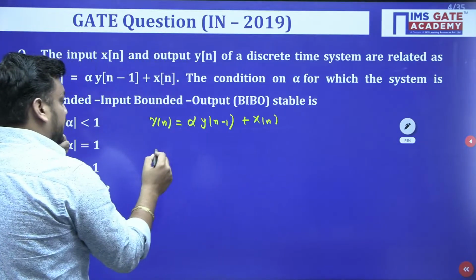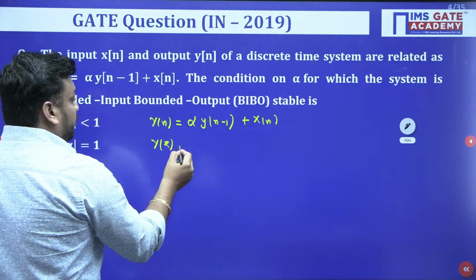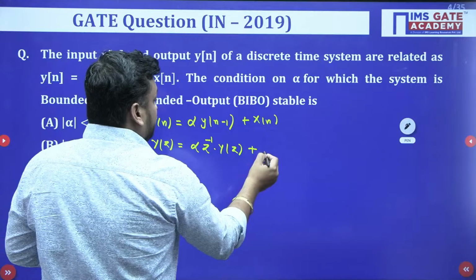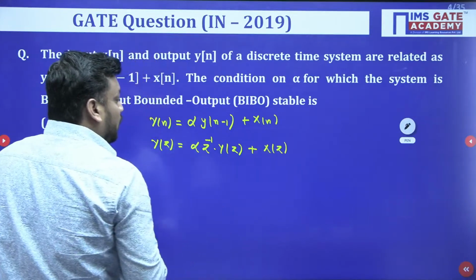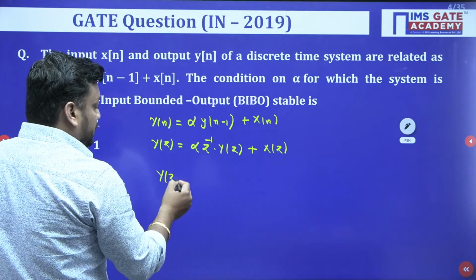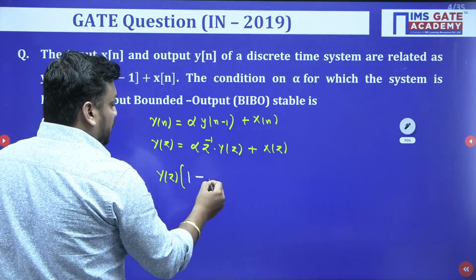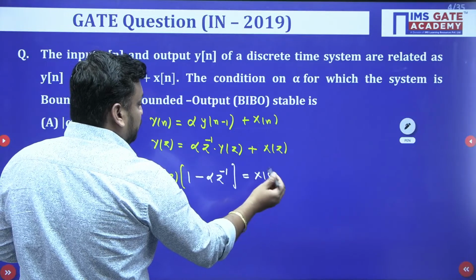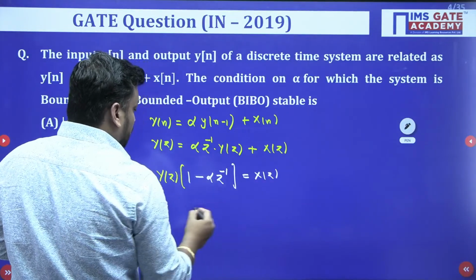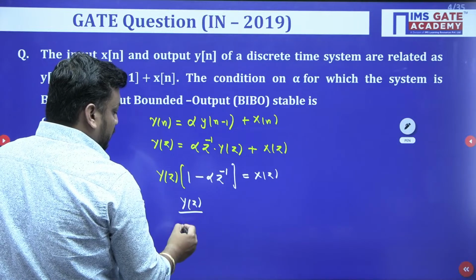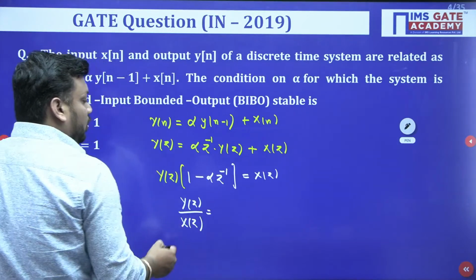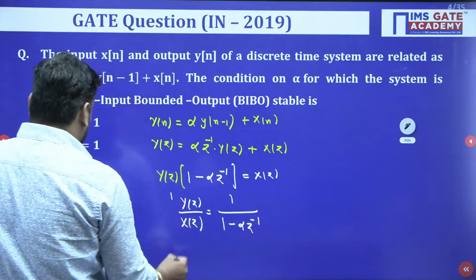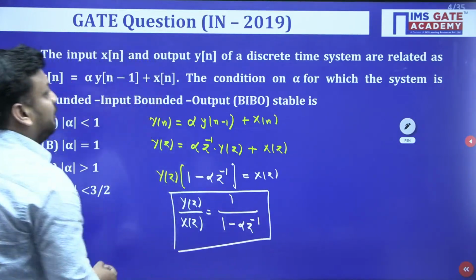If I take the Z transform both sides, I will get Y(z) = alpha z^-1 Y(z) + X(z). Now when you take Y(z) common, inside the bracket you will get 1 minus alpha z^-1, and here you will get X(z). So ultimately you will get Y(z) upon X(z), the overall transfer function, as 1 upon 1 minus alpha z^-1. And what is the examiner asking?